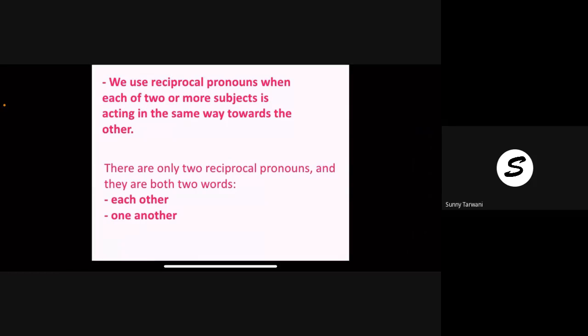Only two. And one another means more than two: 4, 5, 10. Okay? So two friends are talking to each other, that is right. But five friends are talking to one another. In that, each other will not come. Got it? Yes, sir.